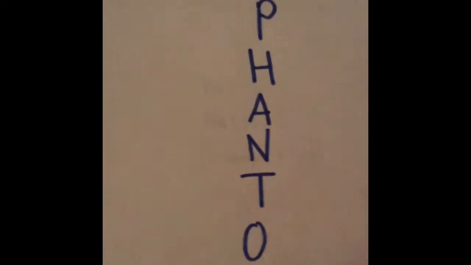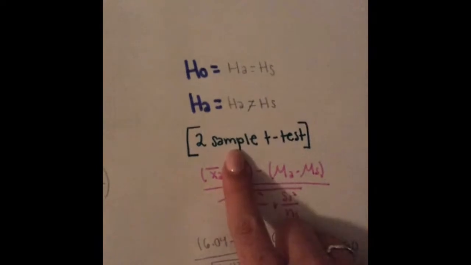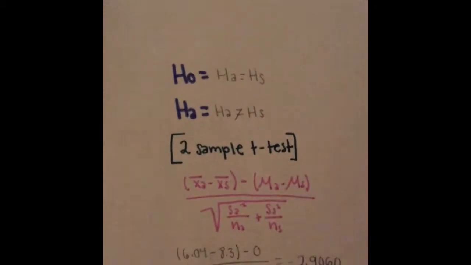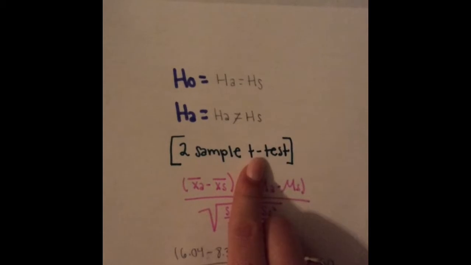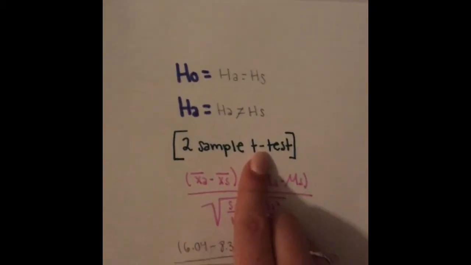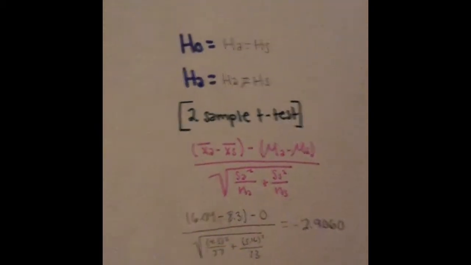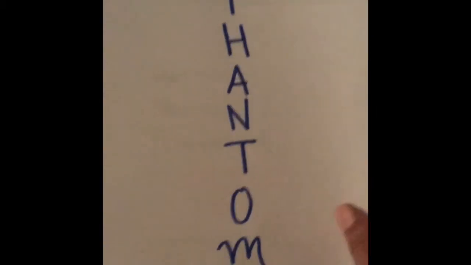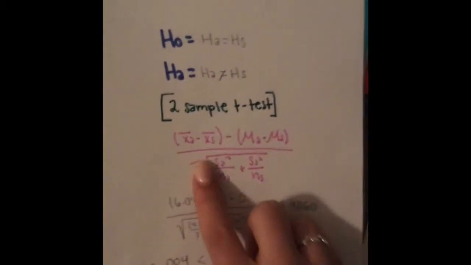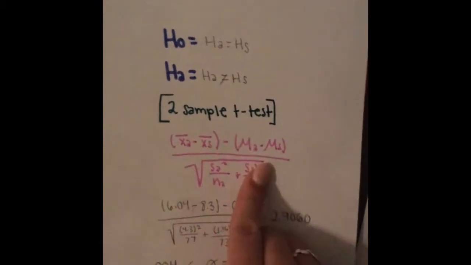And then we go to naming the test, and we're doing a 2-sample t-test. It's the same thing as the 2-sample t-interval, but this time it's a test. And we're doing the t-test because we don't know the standard deviation of the population, only of the sample. Then you have to actually test the interval, and this is the equation that we're given.